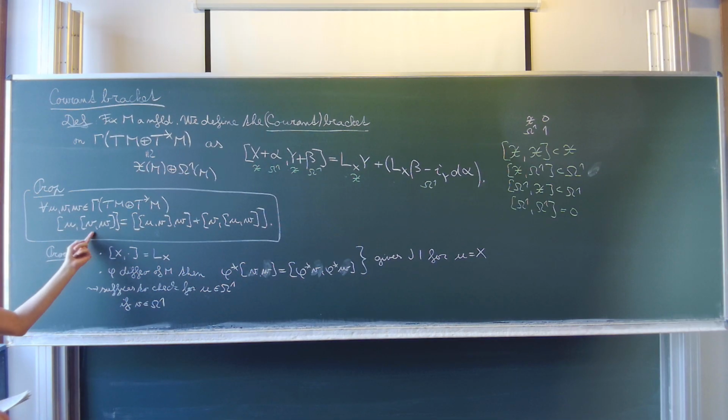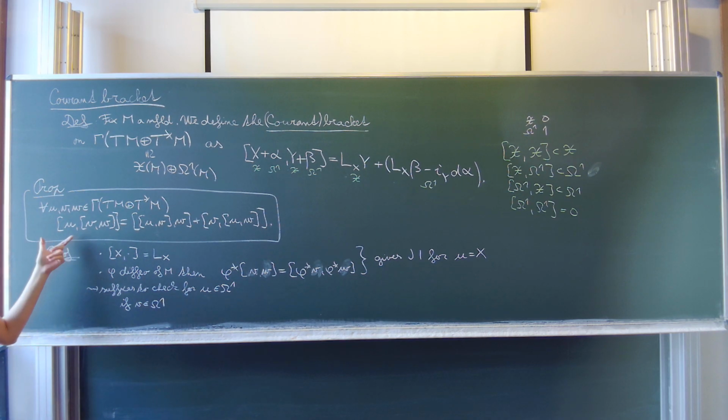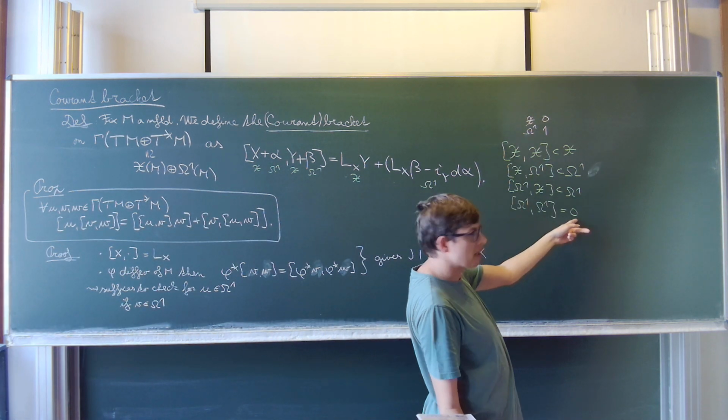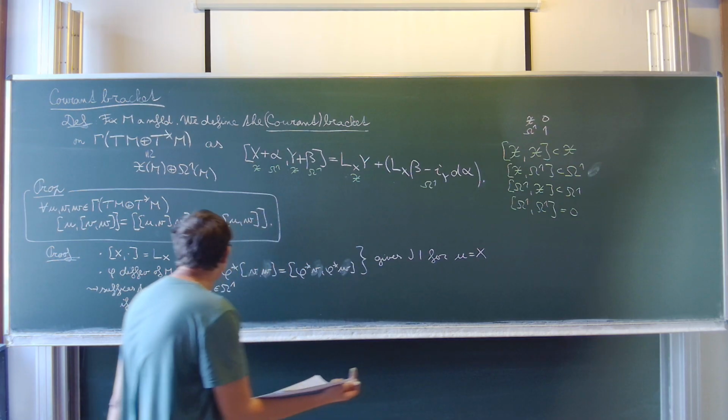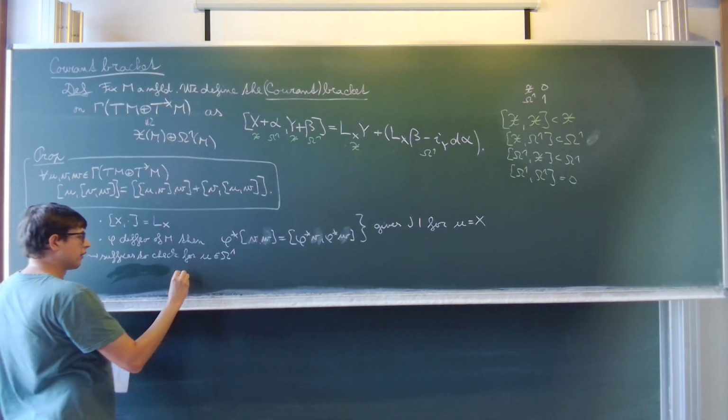So if I have 3 things, then the degree of the total thing is just the sum of those things. But the sum can only be non-zero if it's 0 or 1, right? Here, this is 1, 1, together that's 2, but there's nothing in degree 2, that's why it's 0. So this shows directly that the only way you can have a non-zero thing at the end is that V and W are of degree 0.